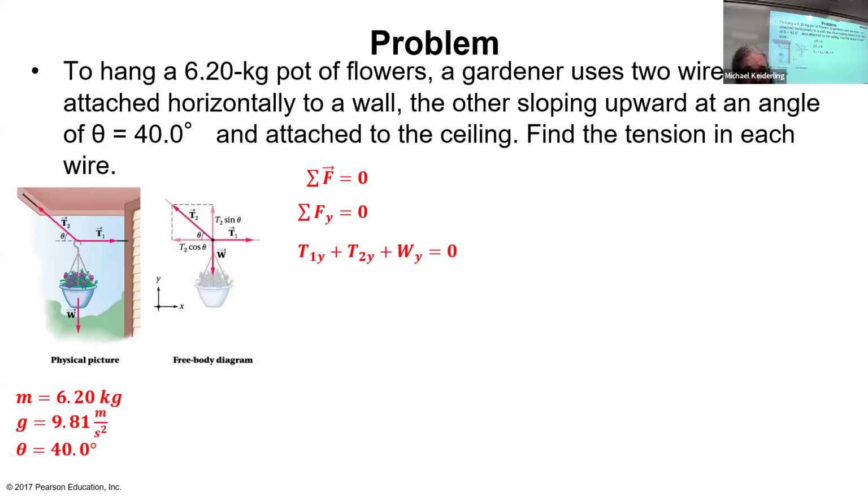So tension 1y plus tension 2y plus weight y equals 0. So 0 plus tension 2 sine theta minus mg equals 0. So tension 2 sine theta equals mg.